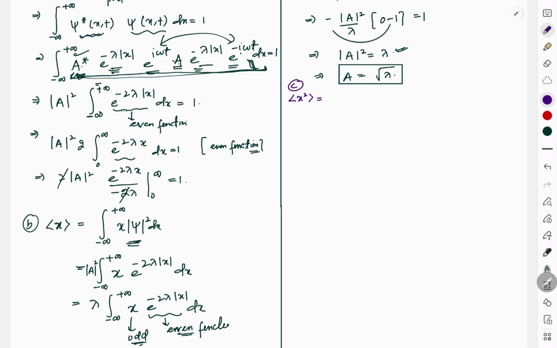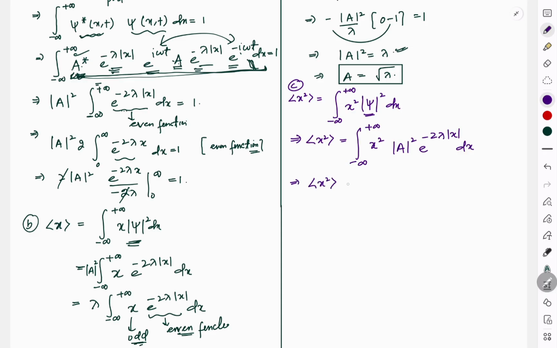The basic definition: the integral from minus infinity to plus infinity of x square psi square of x dx. So the expectation value of x square equals the integral from minus infinity to plus infinity of x square, and this is psi square, let me write it: mod A square e to the power minus 2 lambda mod of x dx.